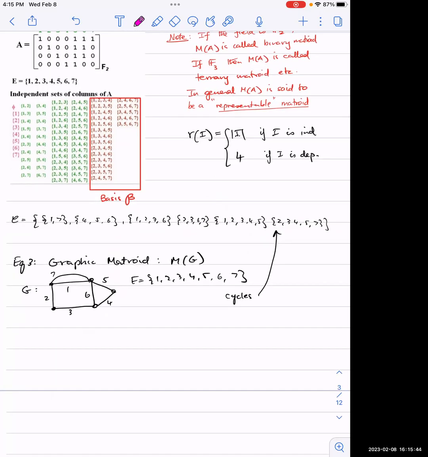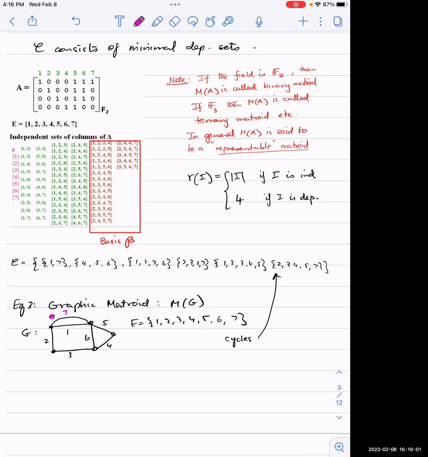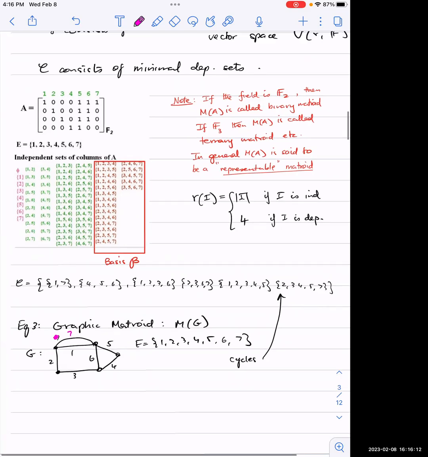Here you have the edges labeled, they have to be labeled. So this is an edge, it looks like a vertex label, but they're all edge labels. And then the cycles are actually the same as the circuits over there. So a matroid is like a perspective on graphs. So this graph G here is a sort of representation of this same matroid of our example 2.